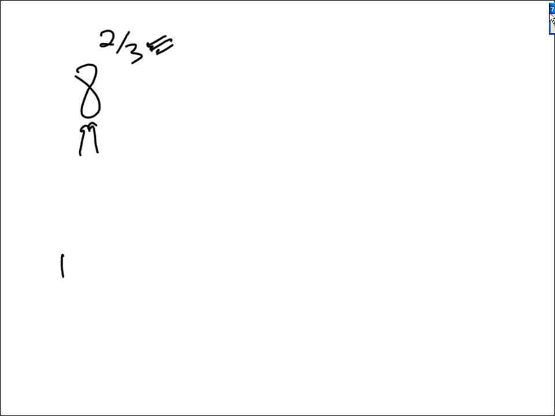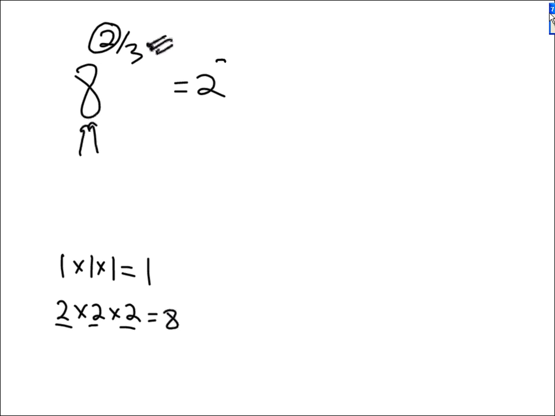A lot of students say, I don't know. Fine, don't know, but try. Multiply 1 by itself 3 times, get too little. Multiply 2 by itself 3 times. 2 times 2 is 4, times 2 is 8. So 2. To the second power. Multiply that answer 2 by itself 2 times, get 4.